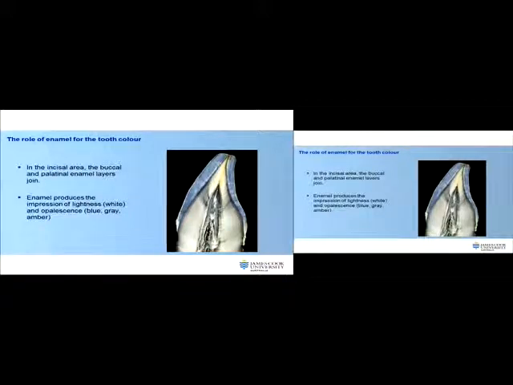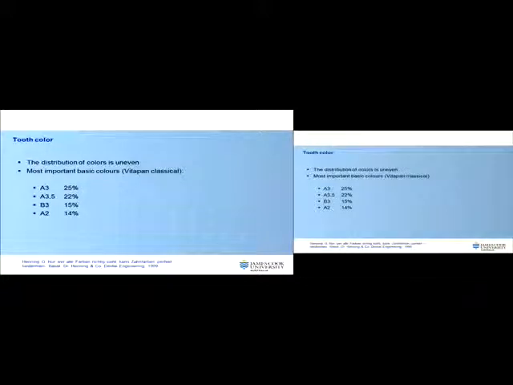This optical property cannot be copied by a dental material, neither by ceramics nor by composite material. The actual tooth color is determined by dentin. Usually, distribution of these colors is uneven.